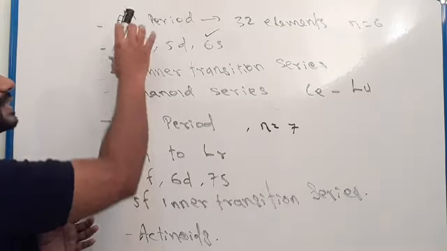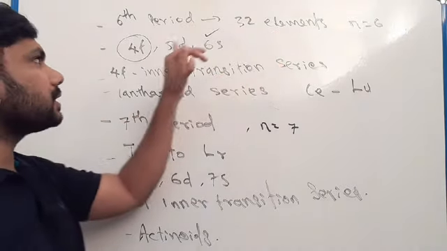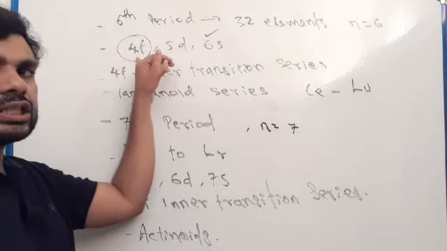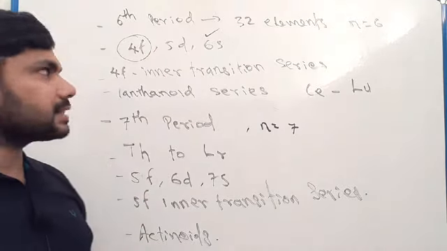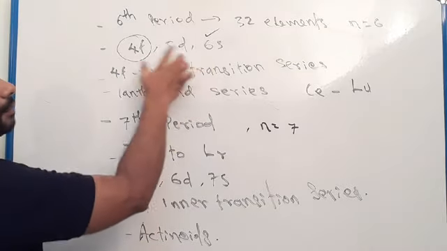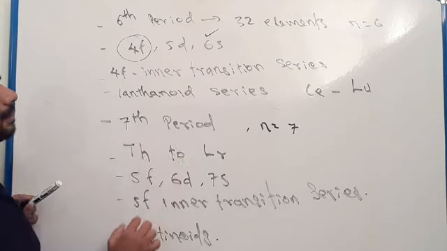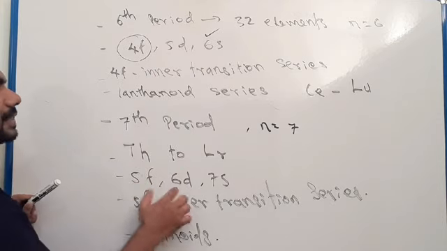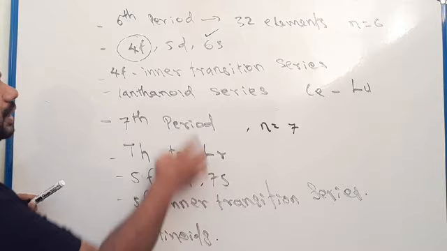Okay, so this is the 6th period. The 6th period consists of 32 elements, and the outer shell electronic configuration is 4f 5d 6s. Also you can remember it very easily: 4, 5, 6. And here 5, 6, 7: 5f 6d 7s.